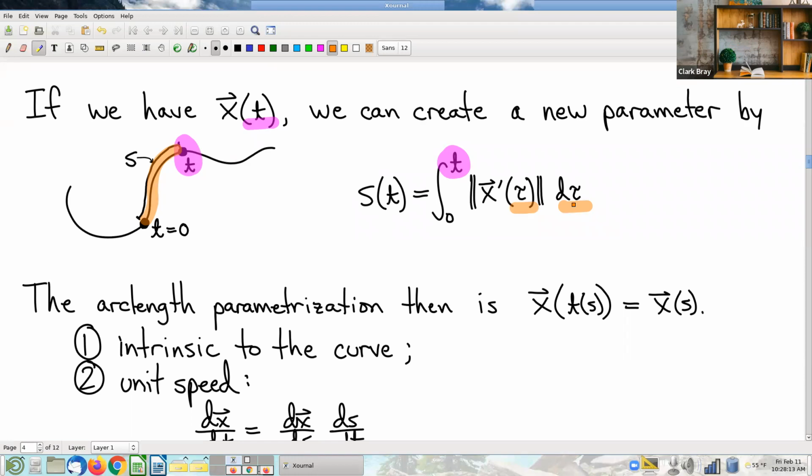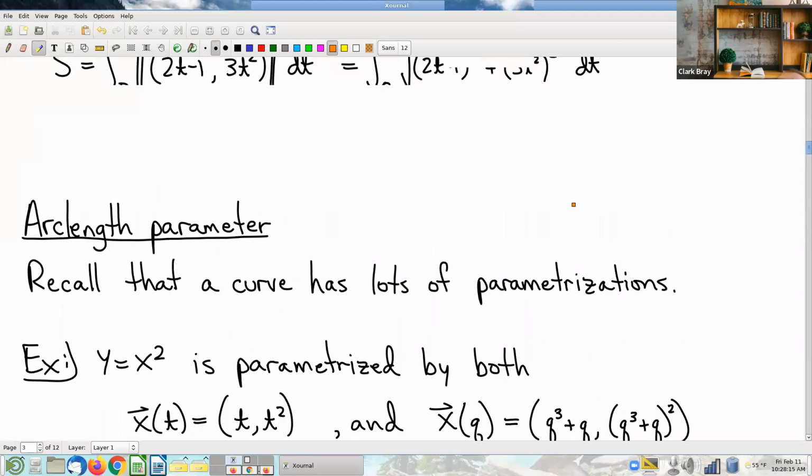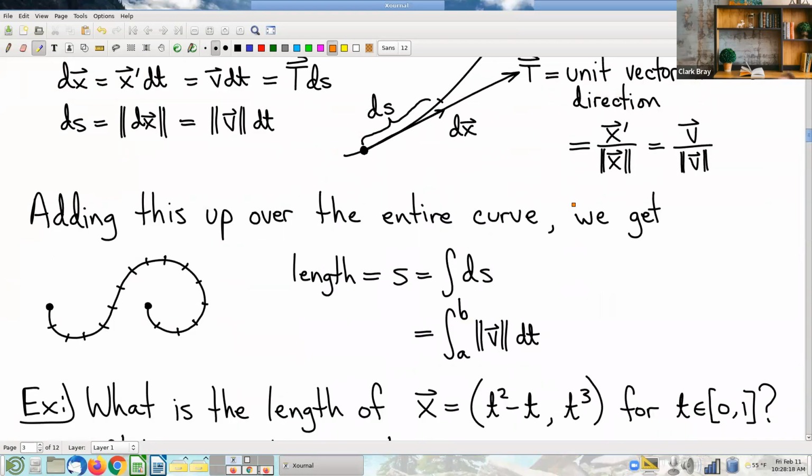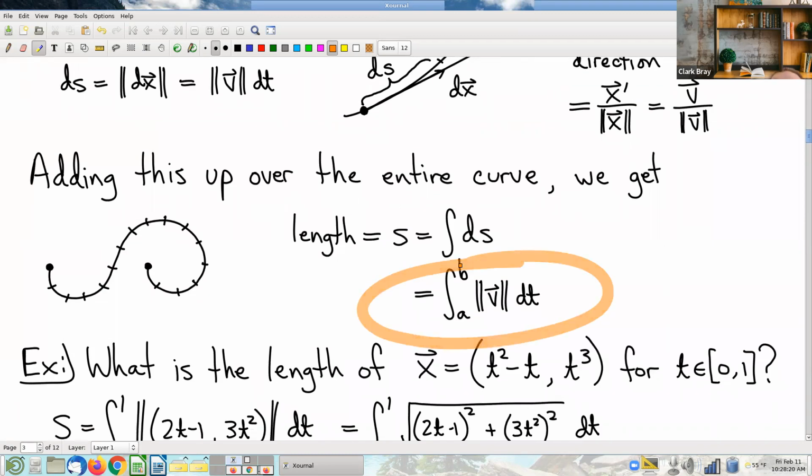Let me go back up to here and try to comfort you as follows. Do I really have to use t here? Is there anything magic about the letter t? No, it's what we call a dummy variable, a placeholder. You know how when you do summations and you say sigma, i goes from 1 to n? Why do we call it i? Because it reminds us of the word index, so no good reason.